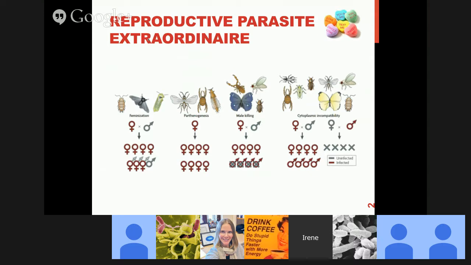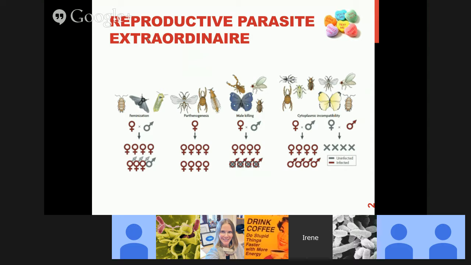Right, so Wolbachia, if you know anything about it, you've probably heard about the different reproductive manipulations that it induces in various insect hosts. So on the extreme end of things, we have these phenotypes like feminization, where male offspring are turned female, parthenogenesis induction, where females produce effectively clones of themselves, male killing, where Wolbachia actually kill male offspring, and then the most common phenotype, which is cytoplasmic incompatibility, which can be thought of as just sperm-egg incompatibility, where Wolbachia-infected males cannot mate with uninfected females.